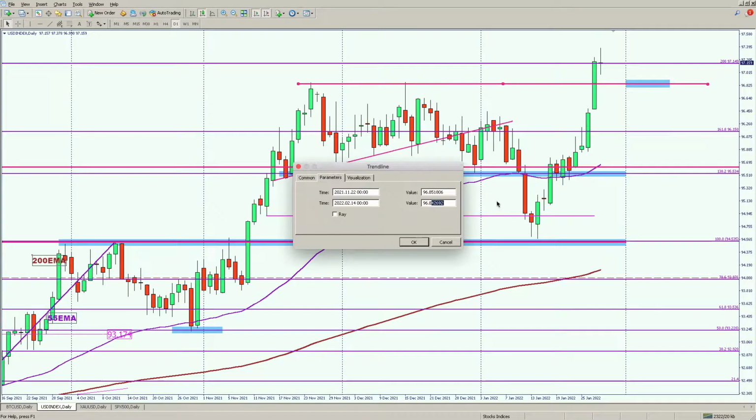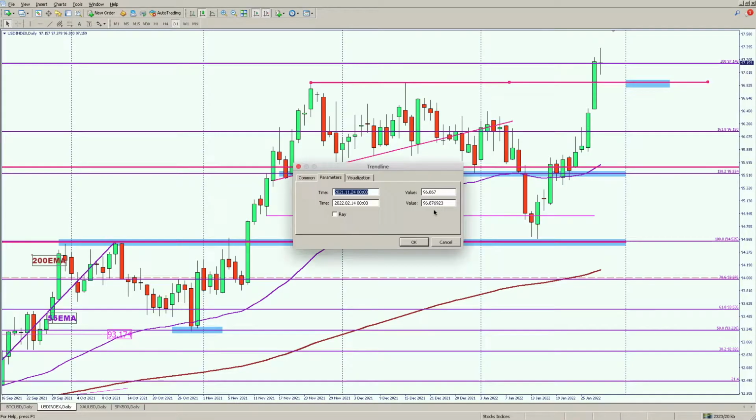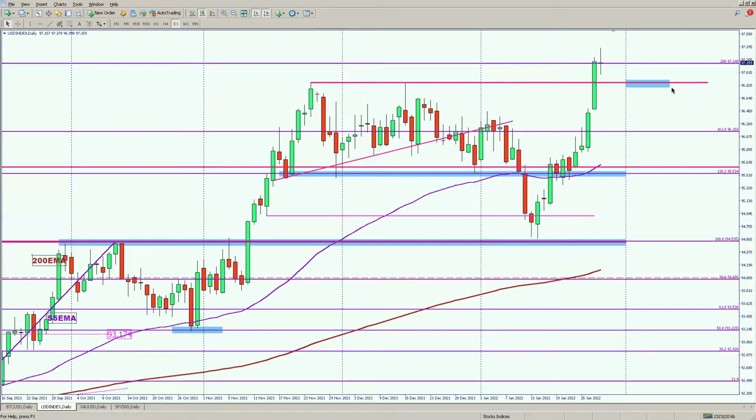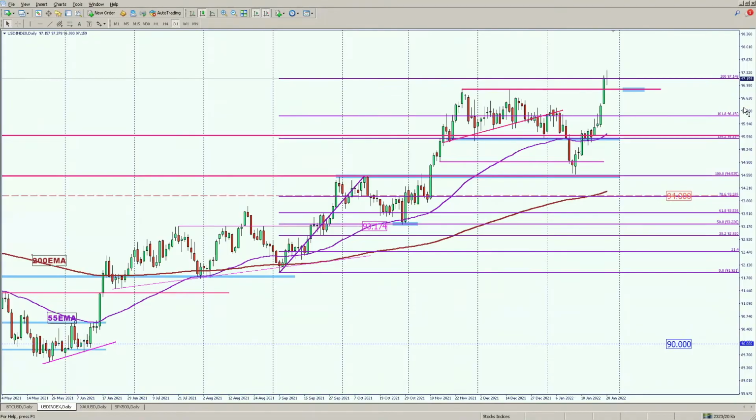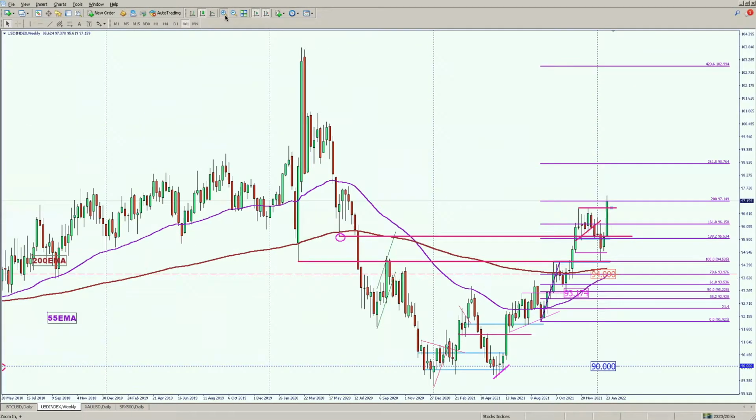This is at 85.18. Let's mark it accurately here. 86.7. Now we'll see whether the US dollar is done with its move or could extend even higher.